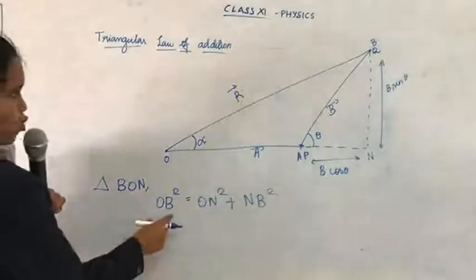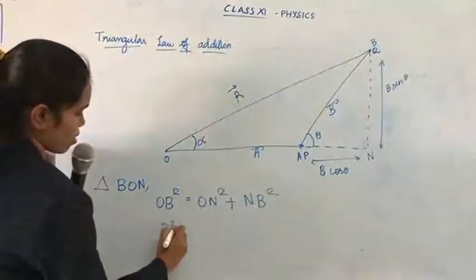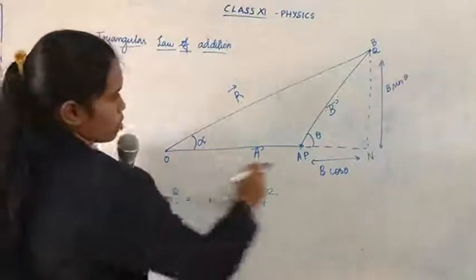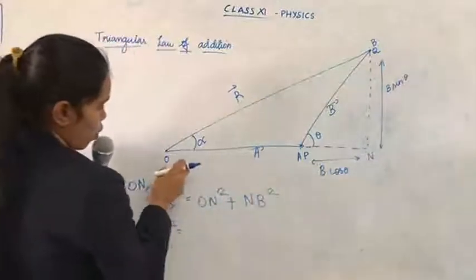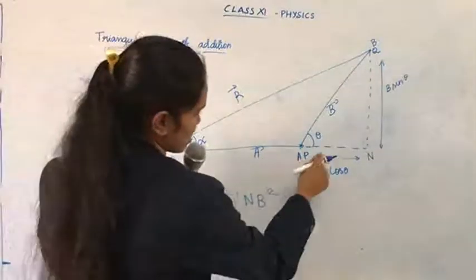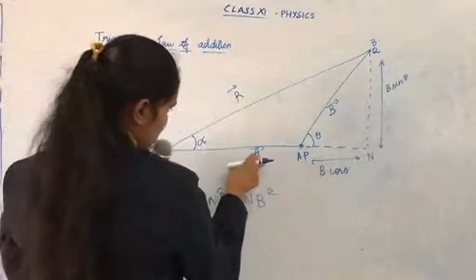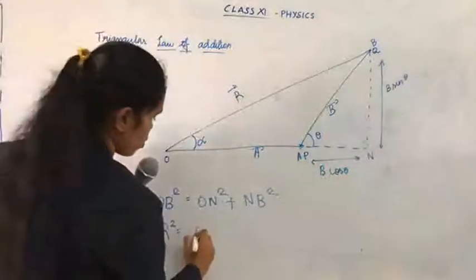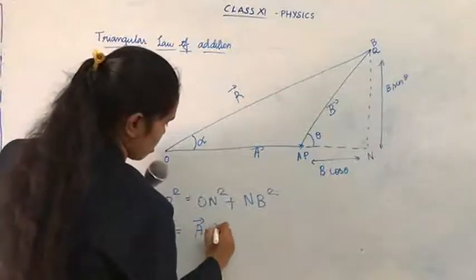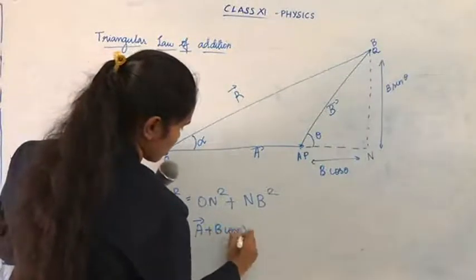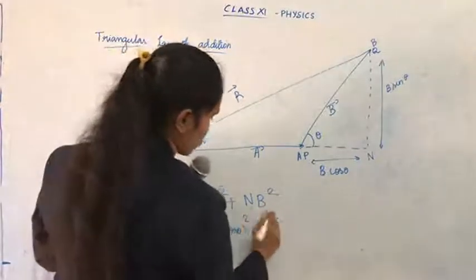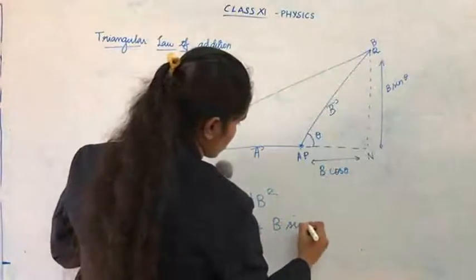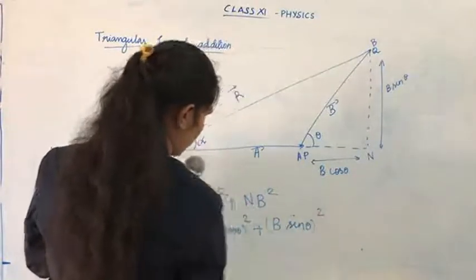What is OB square? That is R square. And what is ON square? ON is OA plus AN. So this is A vector plus B cos theta. So A vector plus B cos theta the whole square plus what is NB vector? That is B sin theta the whole square.